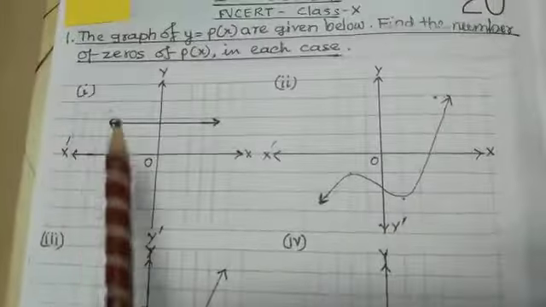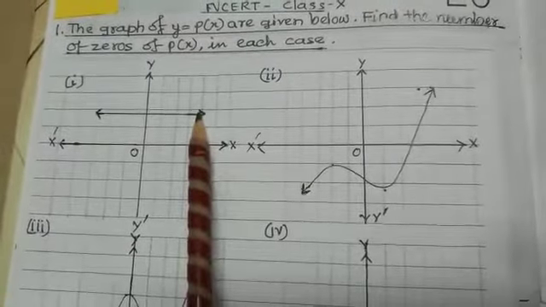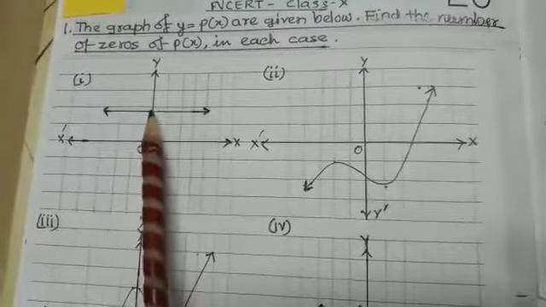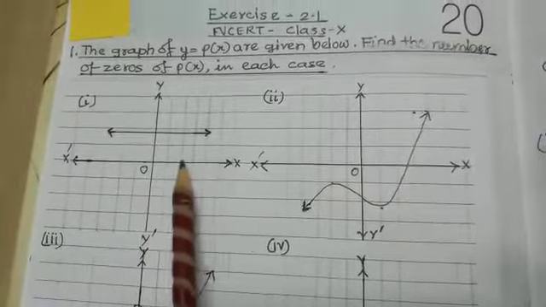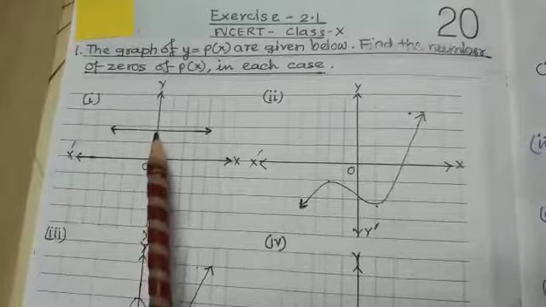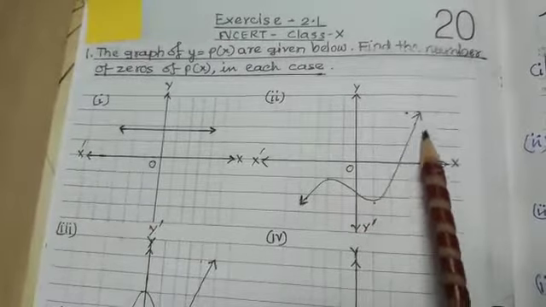First question. This is the graph of y equals p(x), parallel to the x-axis. It does not touch the x-axis at any point, so there is no real zero. Second graph.